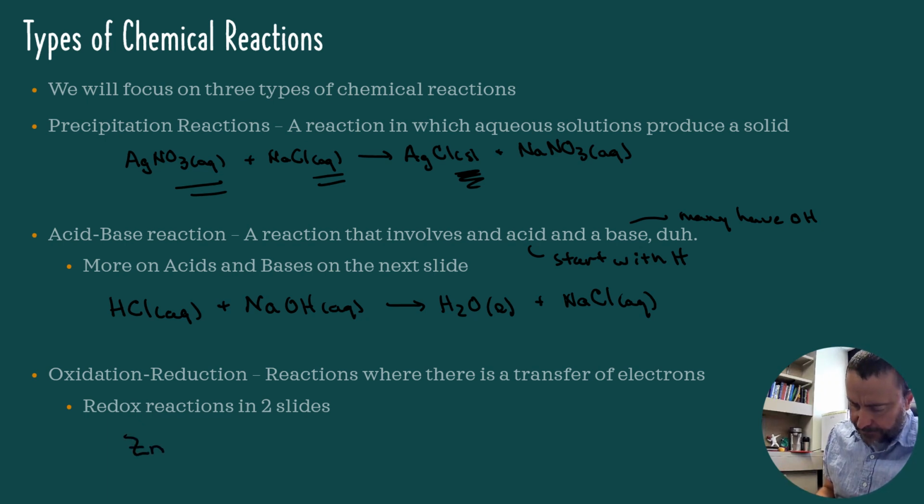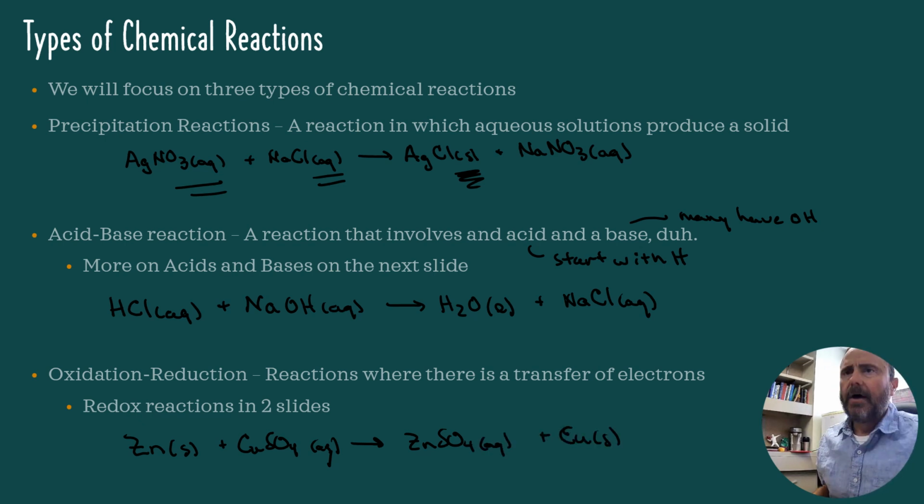All right, but here I might have something like zinc reacting with copper sulfate to produce zinc sulfate and solid copper. Okay, how do I know that there is a transfer of electrons here?